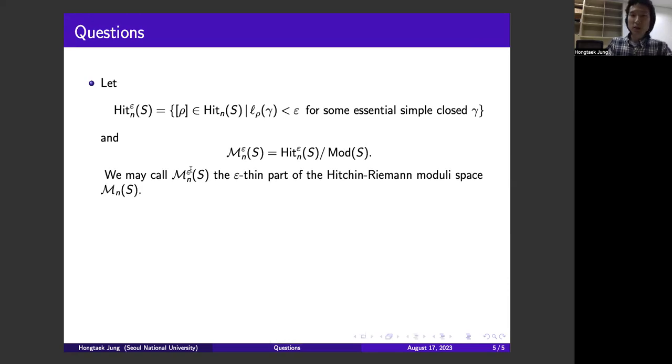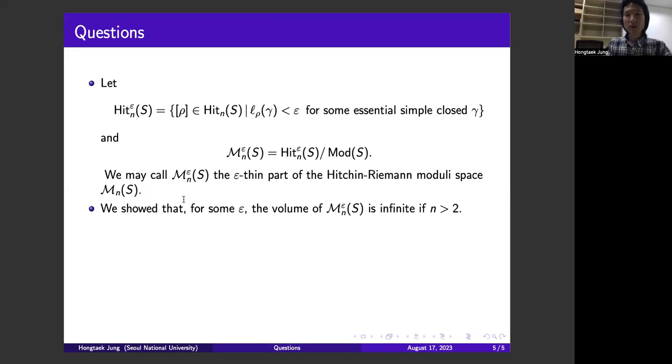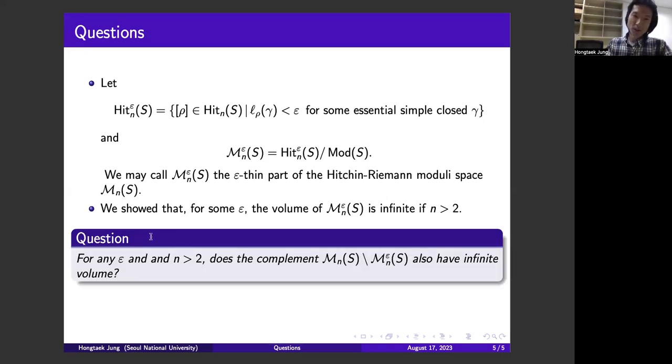We may call this M of epsilon the epsilon-thin part of the Hitchin-Riemann moduli space. In our talk, we showed that for some epsilon, which is like the delta of n in our talk, the volume of this epsilon-thin part is infinite, provided n is bigger than 2. So the question is: for any epsilon and any n bigger than 2, does the complement, the so-called epsilon-thick part of the Hitchin-Riemann moduli space, also have infinite volume?